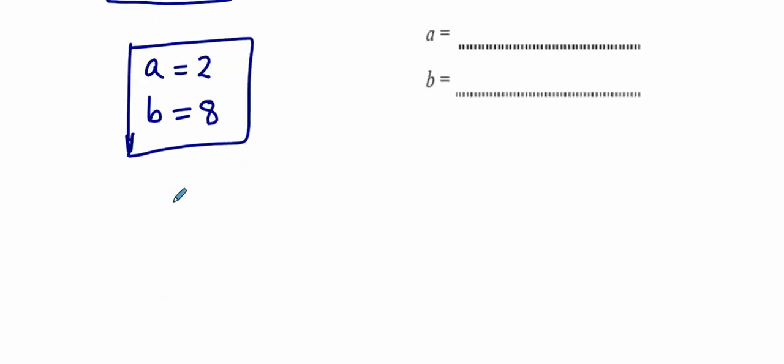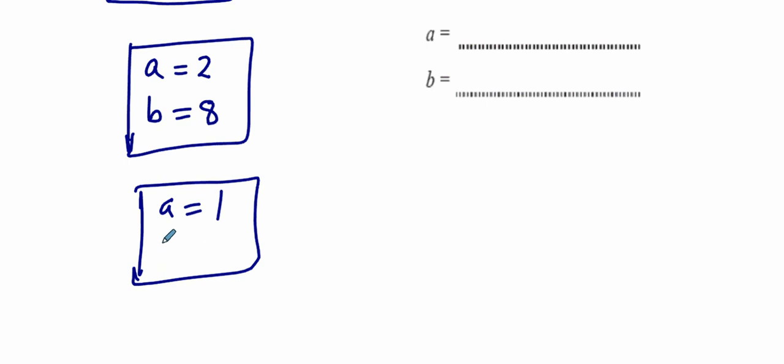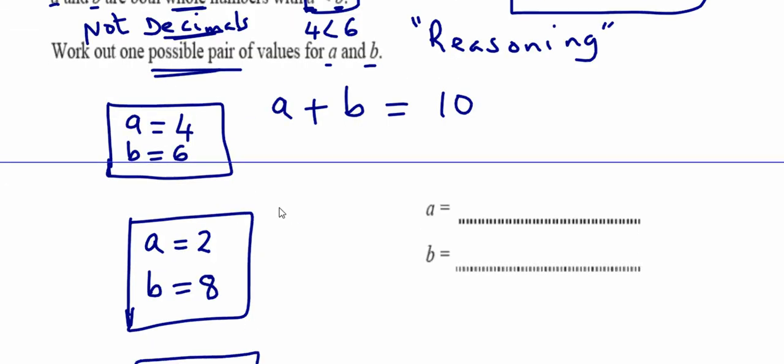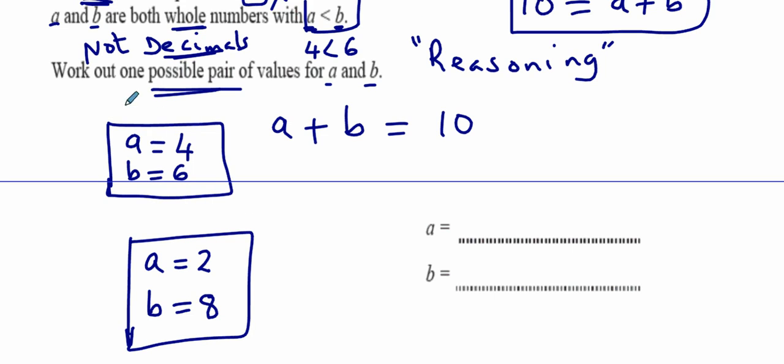I can get another pair: A equals 1, B will be equal to 9, because 1 plus 9 should be equal to 10. You have another possibility? You can find out. But they need only one pair. So I will go for A is 4, B is 6.